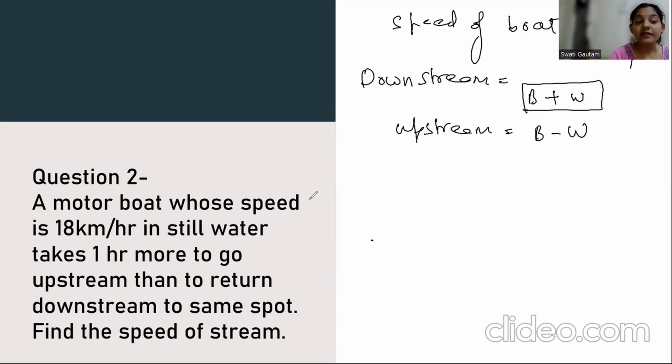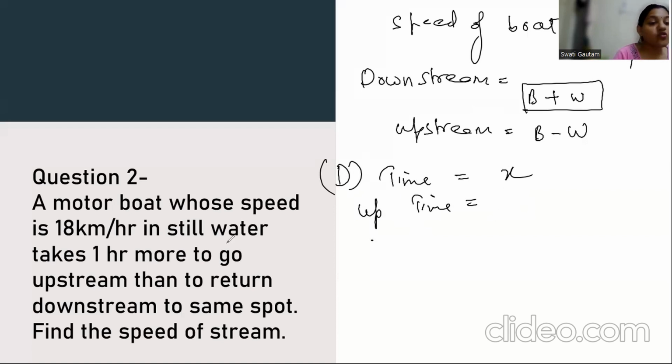Now the question is that the boat is taking 1 hour more to go upstream. So whatever the downstream timing is, suppose I say x, the upstream is taking 1 hour more. Sorry, they are saying it is taking 1 hour more to go upstream than to return downstream, right?